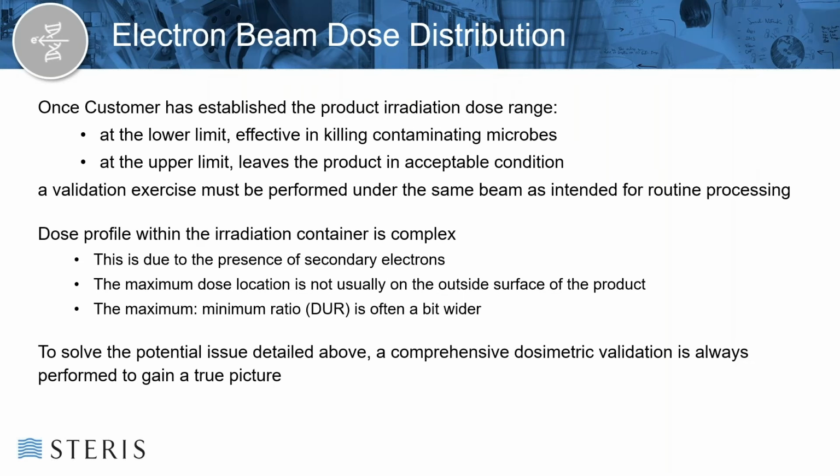The electron beam process is quick. It delivers the dose in a short amount of time. There's a short temperature profile that the products see through the electron beam process. So the process occurs in the space of minutes as opposed to hours that can occur for gamma. So we'll need a comprehensive dosimetric validation to gain the true picture of the dose distribution in the volume.